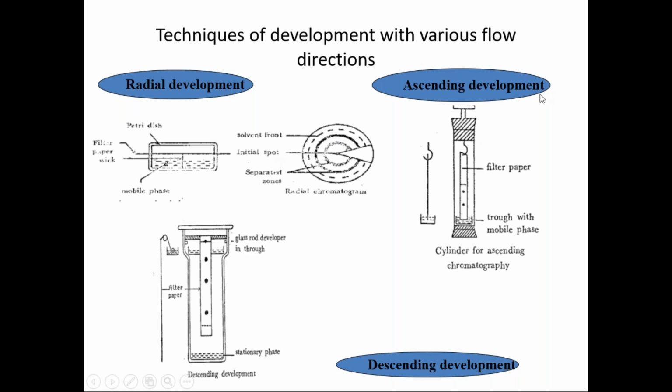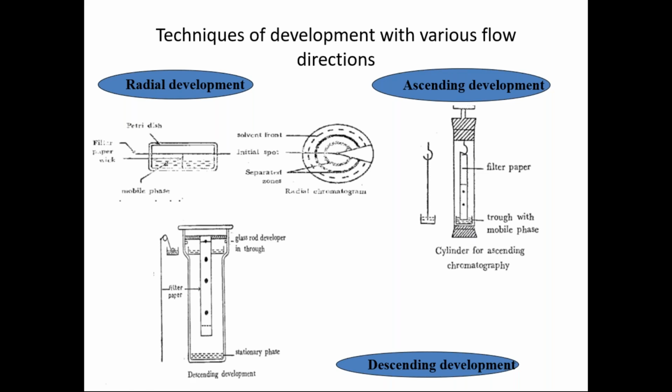In the ascending development, you use a chromatographic chamber, you spot, and the mobile phase is kept in a trough, and the filter paper or the stationary phase is allowed to dip into the mobile phase.